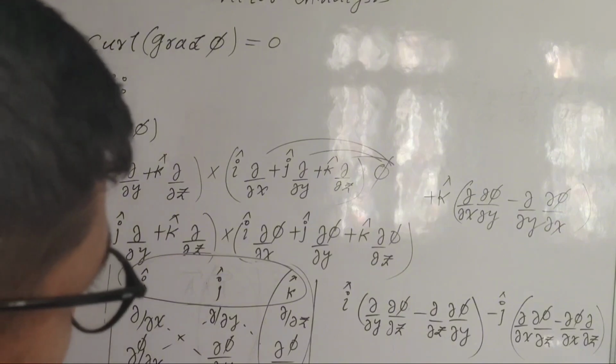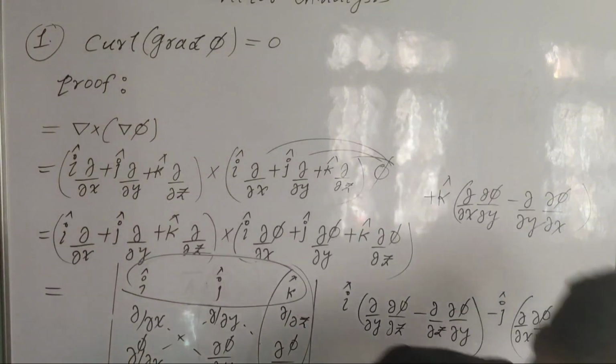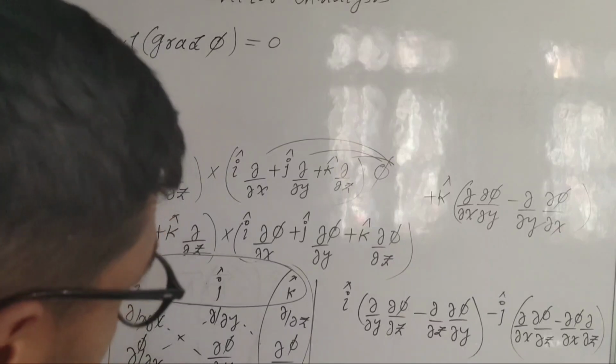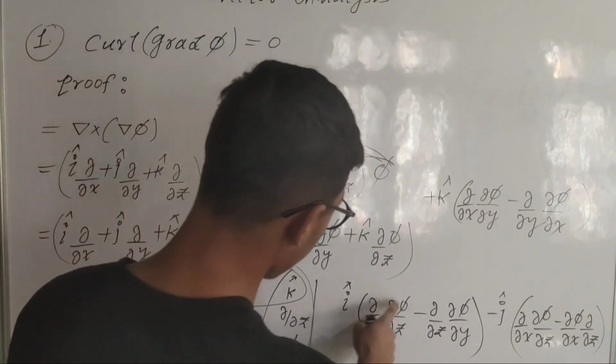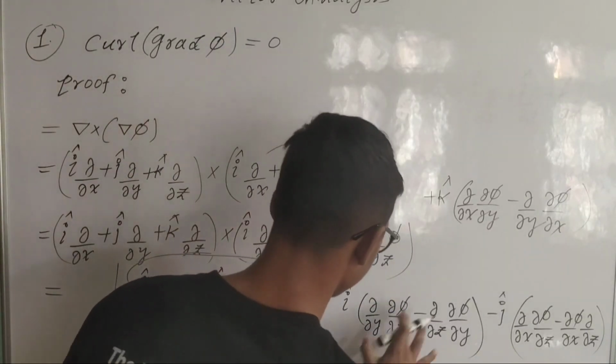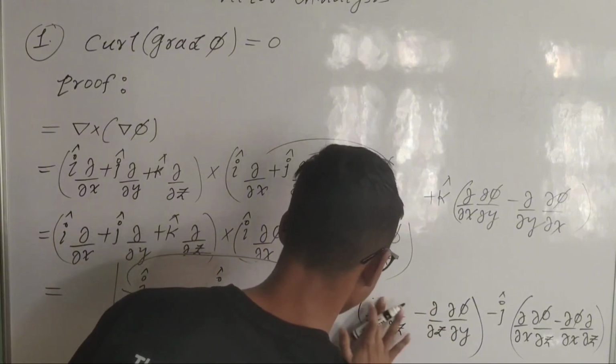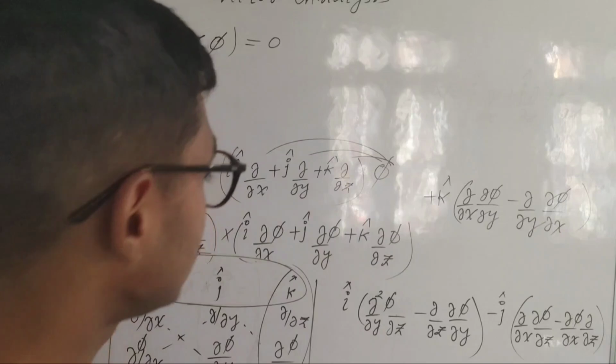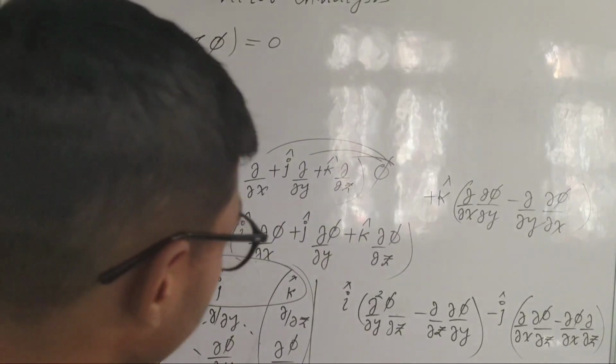So I'll be doing some basic differential simplification. The product of del and del phi will be del to phi. It is not del square phi, it is del to phi.